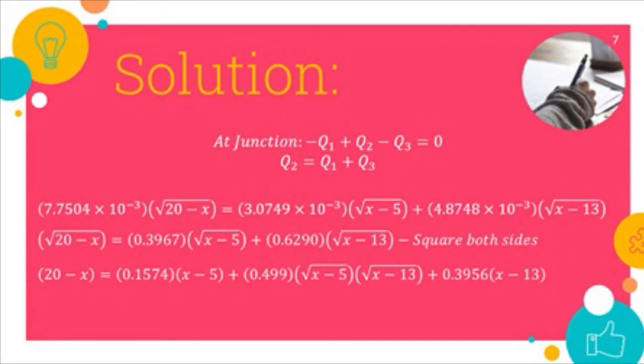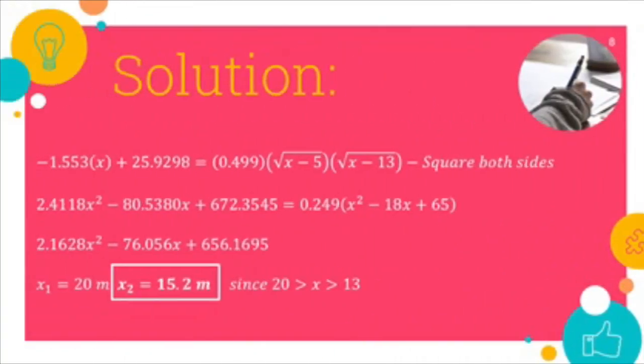So by squaring both sides, we got 20 minus X is equal to 0.1574 multiplied by X minus 5 plus 0.499 multiplied by square root of X minus 5 multiplied by square root of X minus 13 plus 0.3956 multiplied by X minus 13.